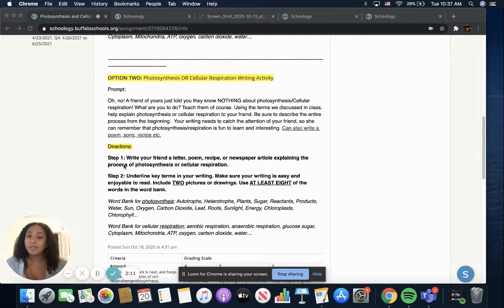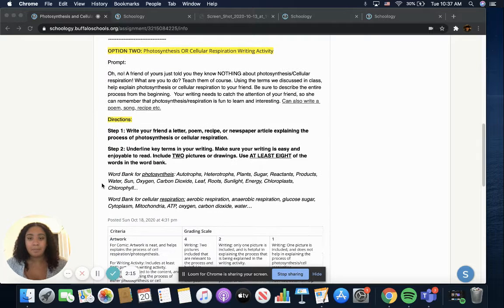Underline key terms in your writing. Make sure your writing is easy and enjoyable to read, so it should be creative. Include 2 pictures or drawings. So you could go on Google and take an image off of Google and put it on your writing activity, or you could draw it and upload it onto the Word document.